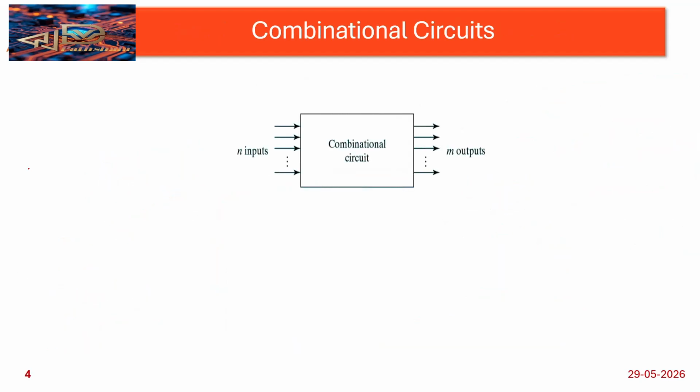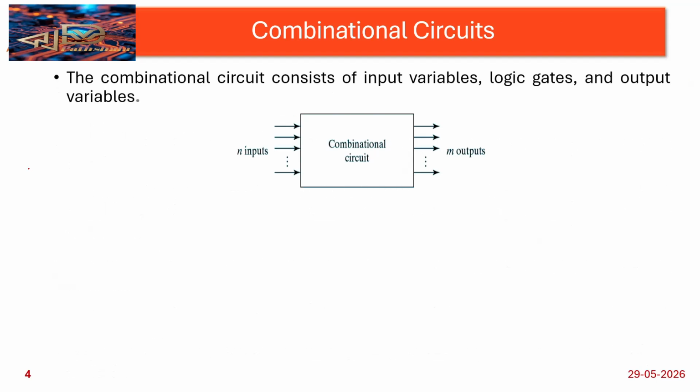See, n number of inputs I am giving and m number of outputs I am getting in the combinational circuit. The combinational circuit consists of different input variables, and then I am getting m outputs, which are different Boolean expressions.